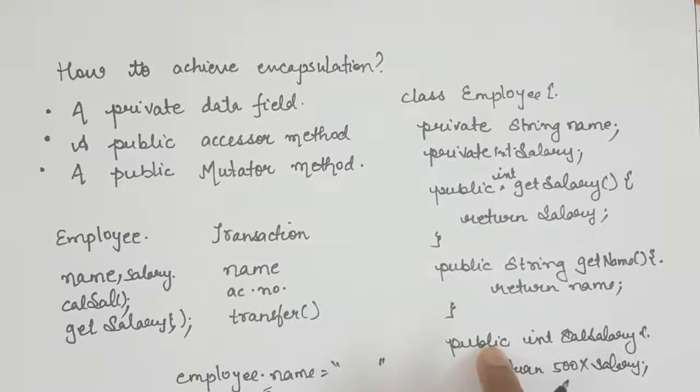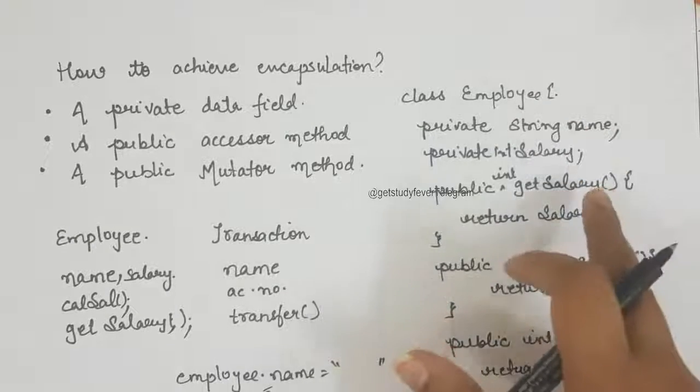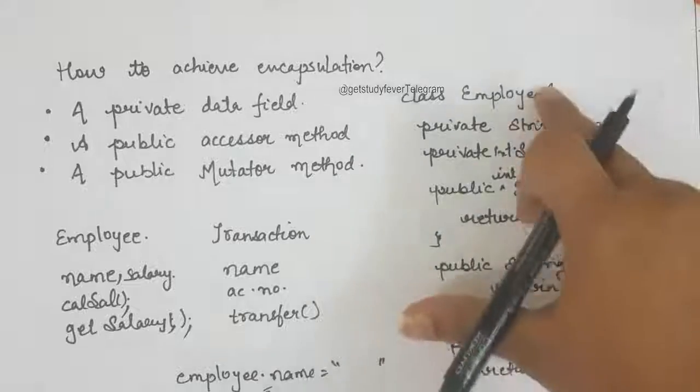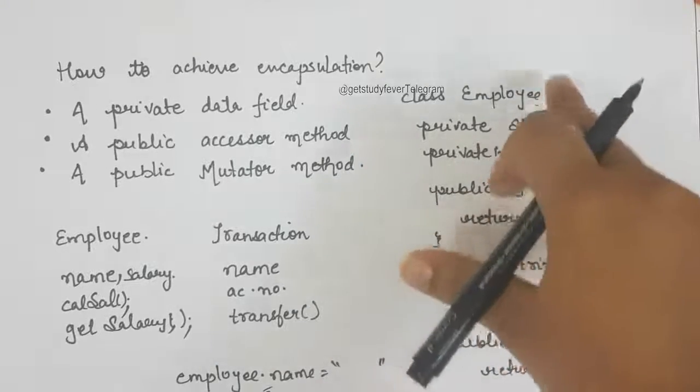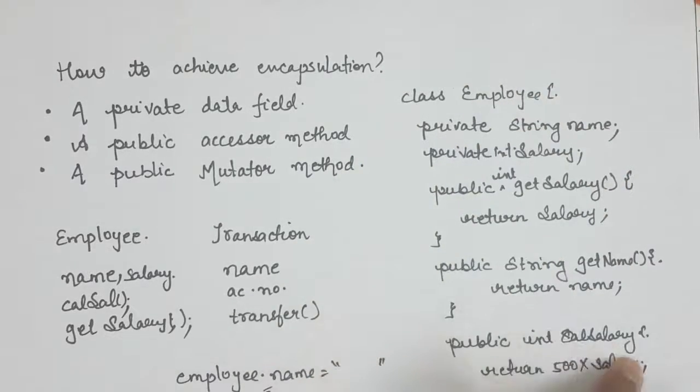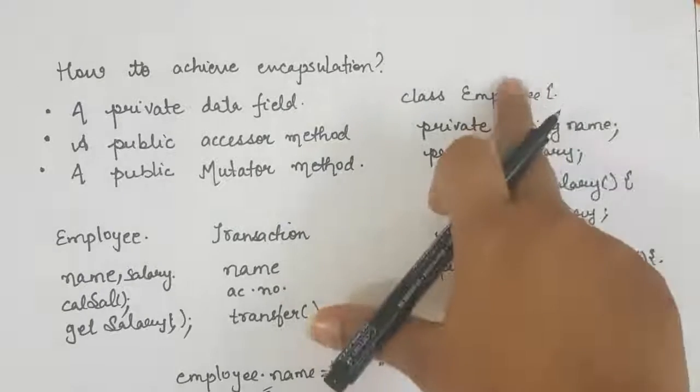So let's say someone else wants to calculate the salary. In that case, the other object will just call employee.calculateSalary, and the salary will be calculated. Again, the salary is getting modified, but it is getting modified by the employee object only. The other object is just calling this method. Whatever modification has to be done is still in the control of the employee object.